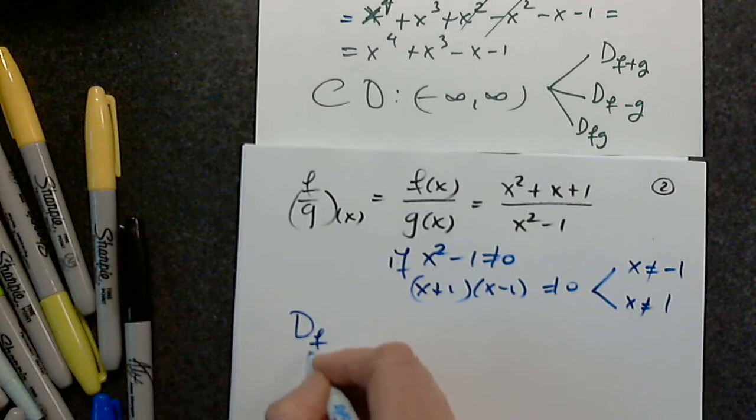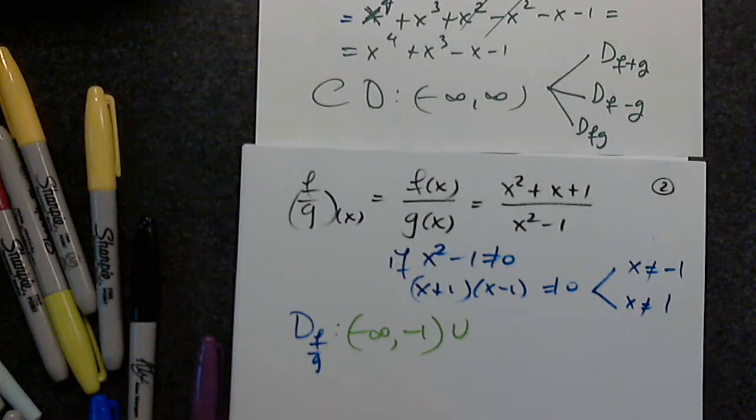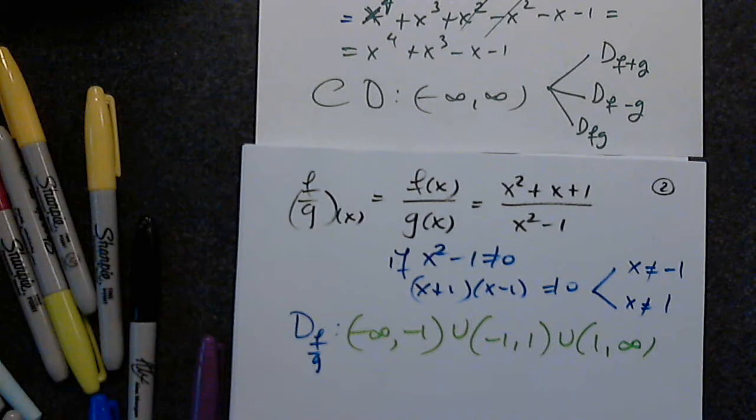So now what is the domain of the ratio, which is not the common domain? Yes? Perfect. Union. Say it again. Oh, we have infinitely many real numbers between -1 and 1. Yes. -1 to 1. Union. Very good. This is indeed the domain of the ratio.